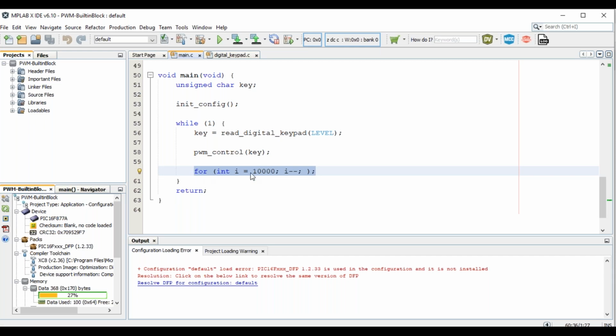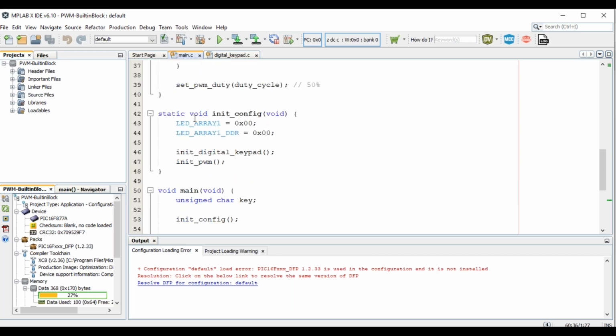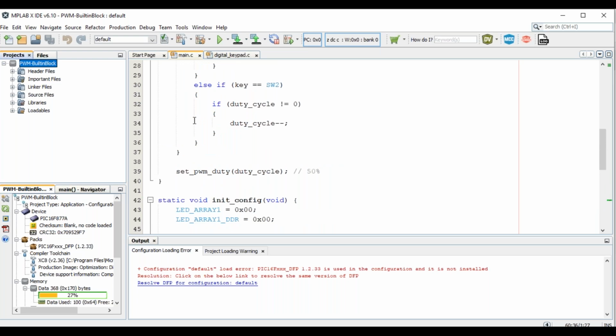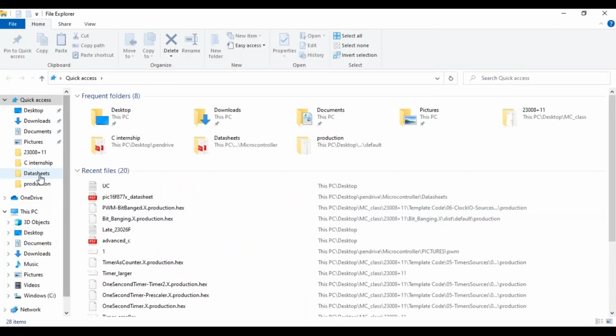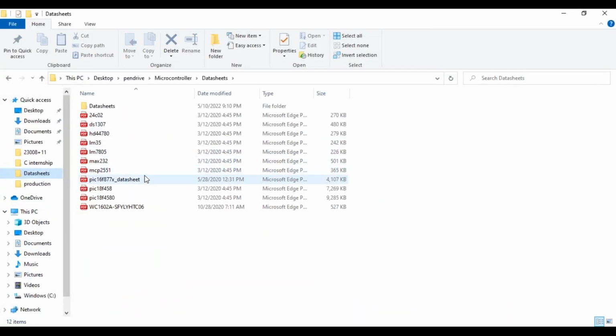Whatever logic you write after the modulated waveform gets generated is going to disturb the waveform. So in order to avoid this disadvantage of the bit banging method, we are going to start with another way, that is, with the help of a built-in block, we will be generating a modulated waveform.